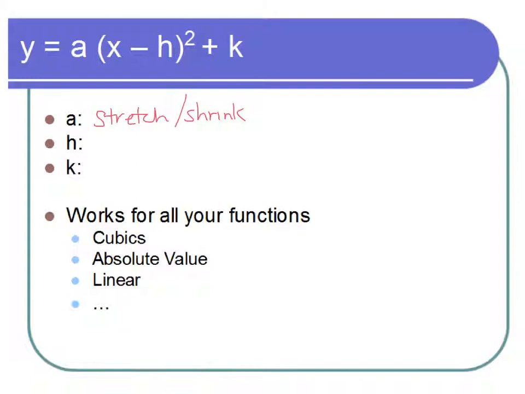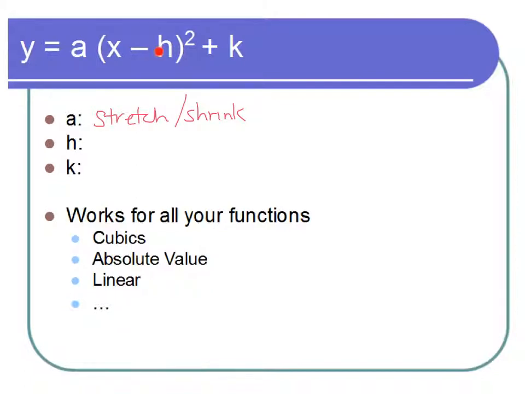Okay, so let's look at what h does to my graph. H is tucked in here with the x, so it affects my graph horizontally. It basically just shifts everything, and it always shifts the opposite direction of what you'd see here. Anytime you're inside of grouping symbols, your motion is the opposite of what you might think.